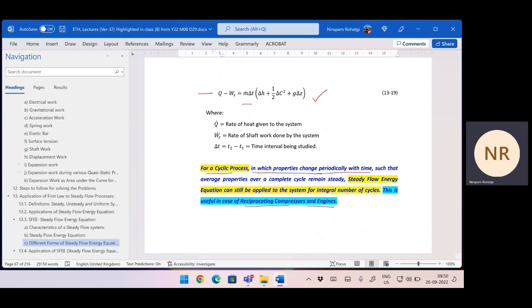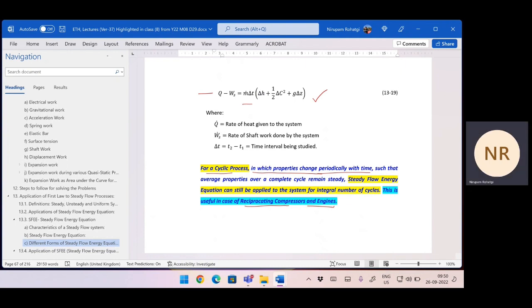So what you can do is, instead of applying the steady flow equation from T1 to T2, which you cannot because the system is not steady, you can apply it from one cycle to the next cycle, from the beginning of the cycle to the beginning of the next cycle. Then the properties are the same. So this also you can apply.